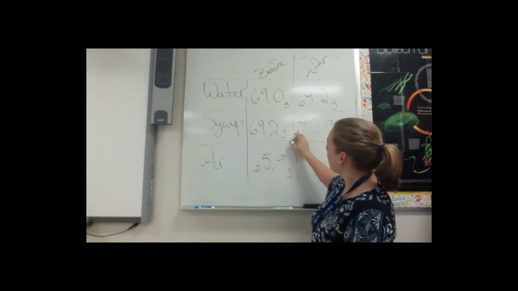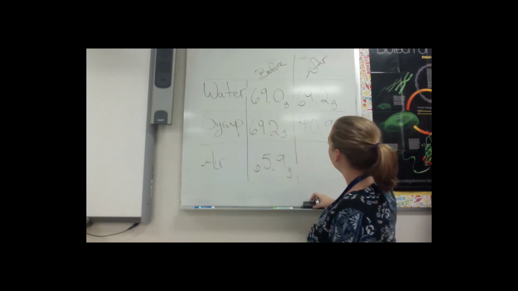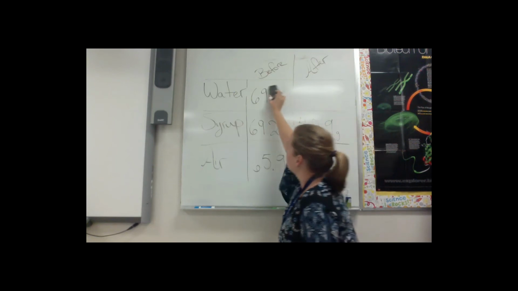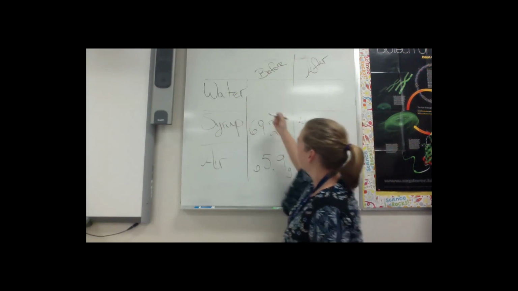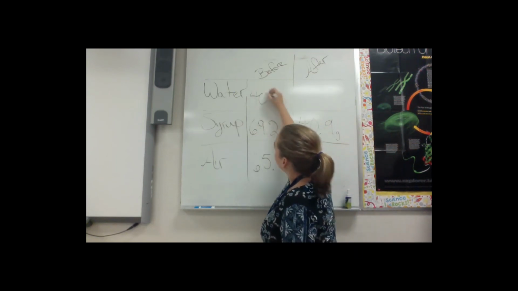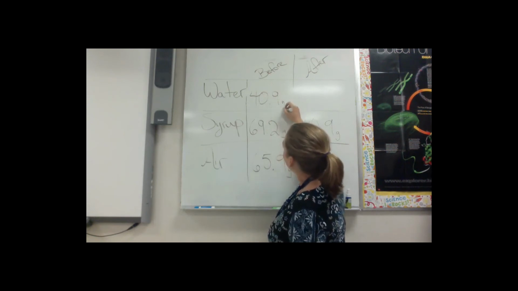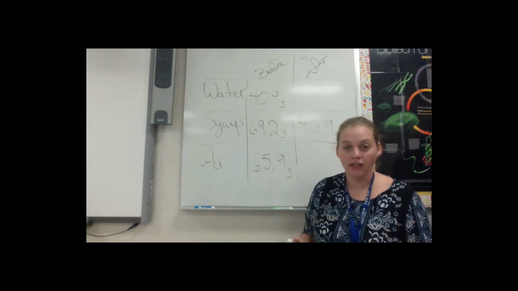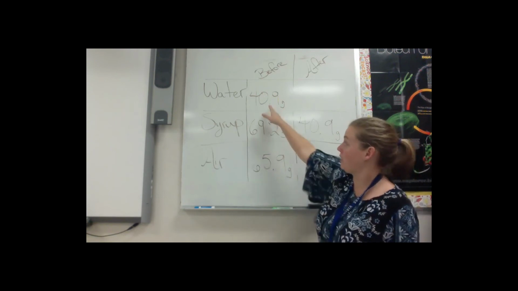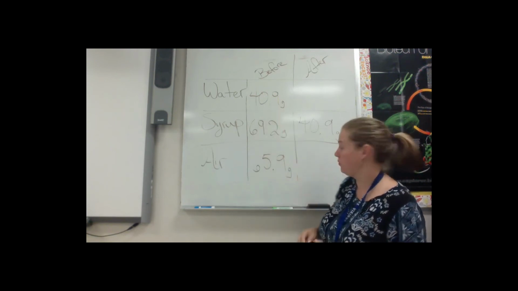I'm going to take the mass of my syrup egg from yesterday, and I'm going to put it in the water spot, because this was the weight of my egg yesterday when I put that egg in water. Okay, so we've switched them.